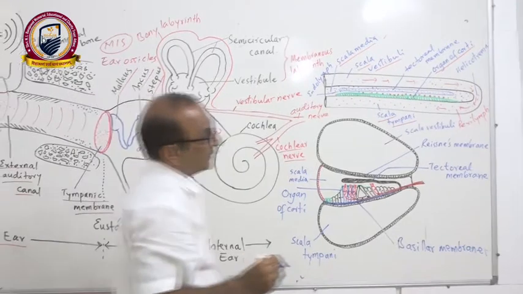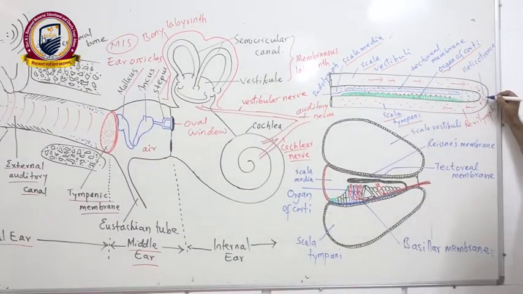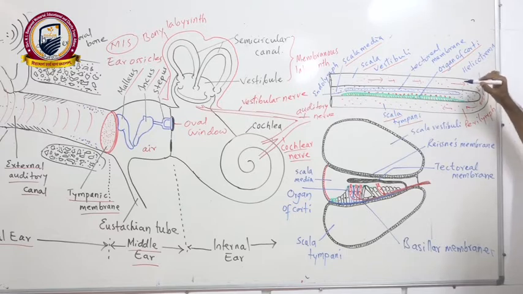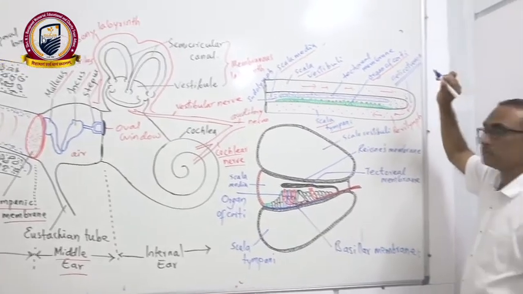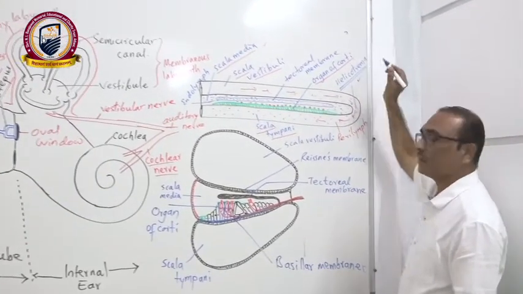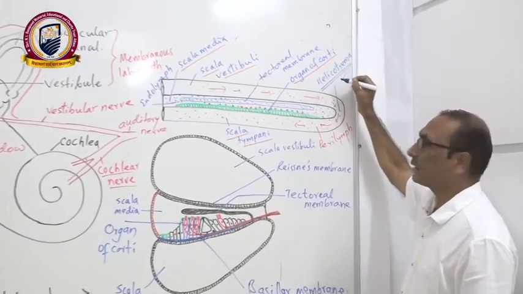Okay, and the narrow tube or narrow passage which connects the scala vestibuli with the scala tympani is called the helicotrema. It's important to remember, multiple choice questions have been asked on this particular aspect.